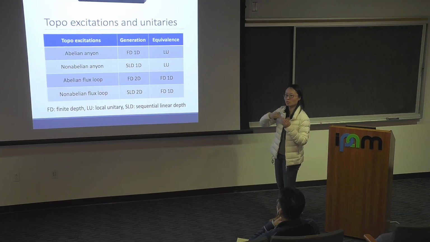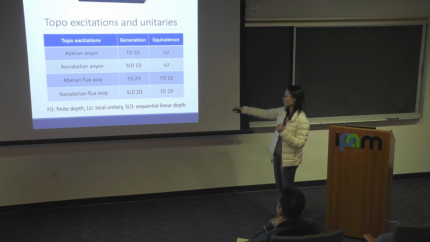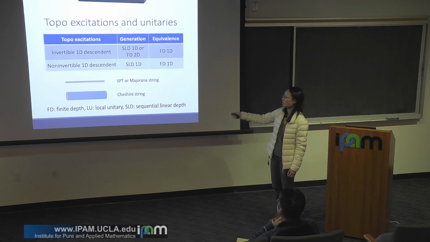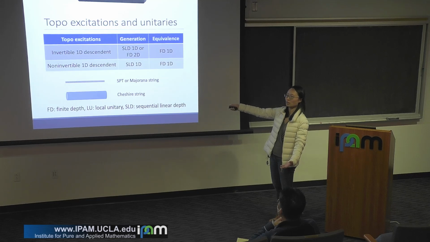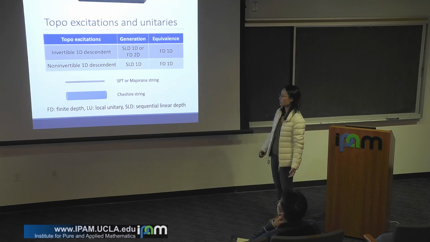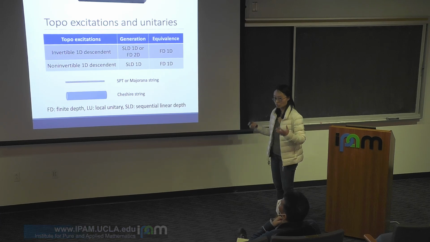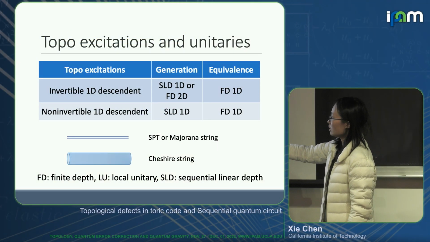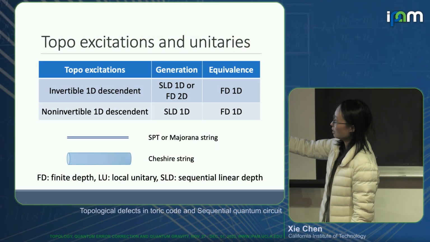But in between them, we also see that there's an intermediate level that's given by sequential circuits that actually go beyond finite depth circuits, but are not higher dimensional circuits yet. Okay, and that's why we have these defects that originally we weren't thinking about. But because they're generated with sequential circuits, they also become non-trivial things. In particular, if we're thinking about the Cheshire string, which is a type of non-invertible descendant defect.